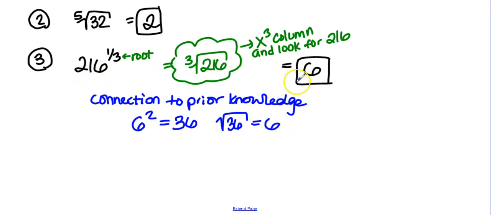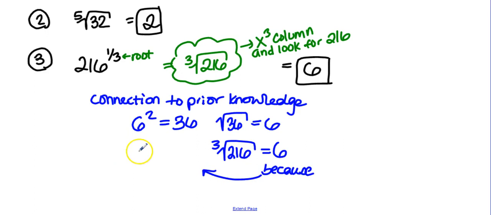This one asked us to find the third root of 216. The third root of 216 is 6, because if we were to work backwards, 6 to the third equals 216.